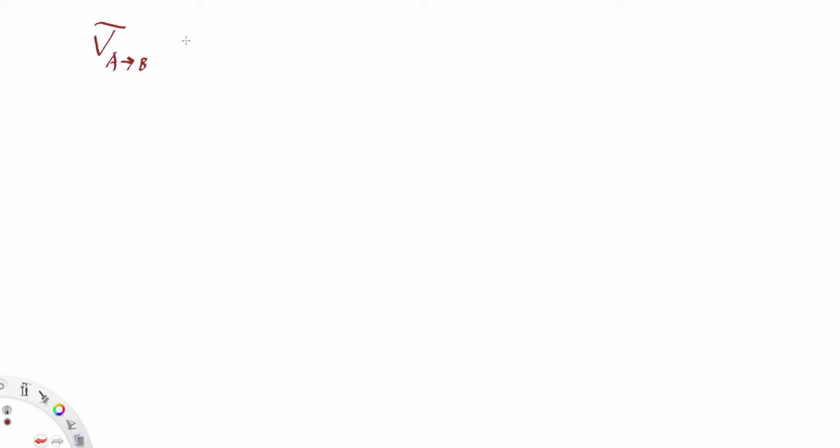Because if we have the average velocity, we can get the time from A to B by taking the distance from A to B divided by the average velocity. Is everyone still with me?